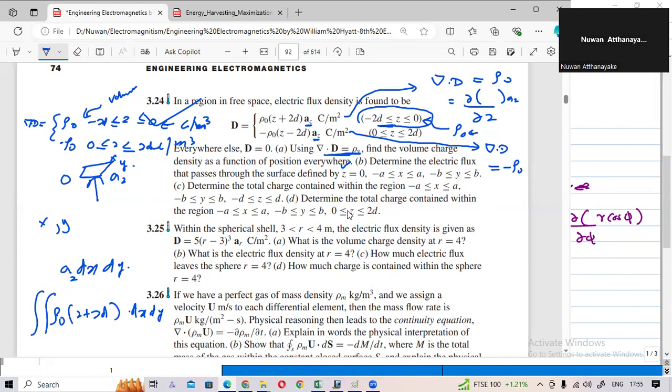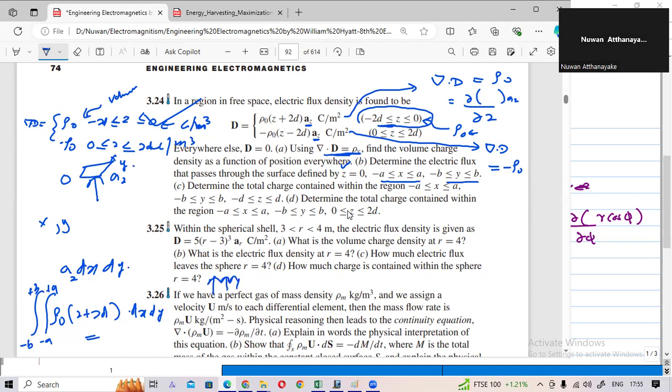Okay. So you need to do the y limits from minus b to plus b, x limits minus a to plus a. So you have to evaluate this one. Then you will have the total electric flux that is passed in this direction.